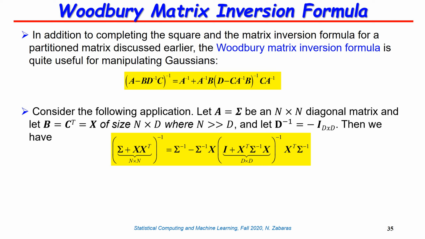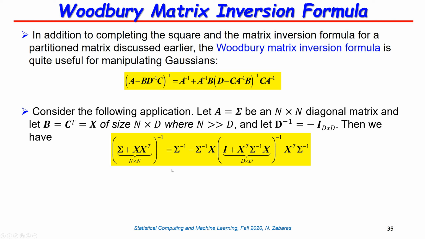And that's exactly when this Woodbury formula turns out to be very essential in our calculations. It may allow us to take the cost of a very expensive n by n inversion and transform it to an inversion of a matrix that is d by d, where d is way less than n.